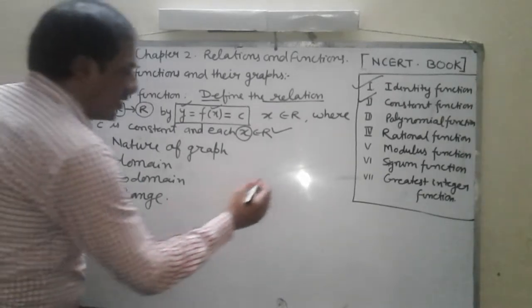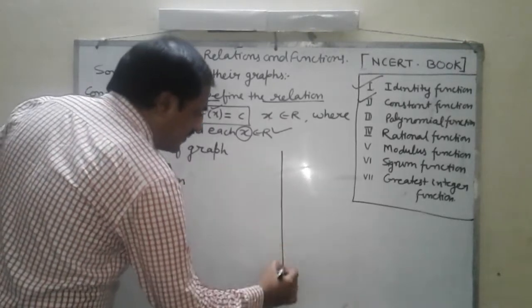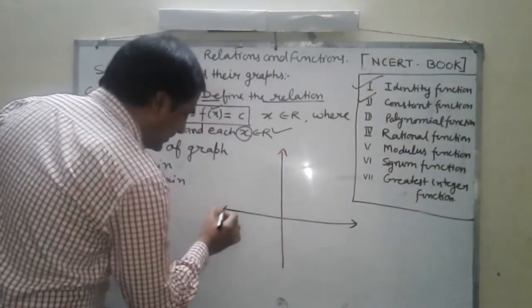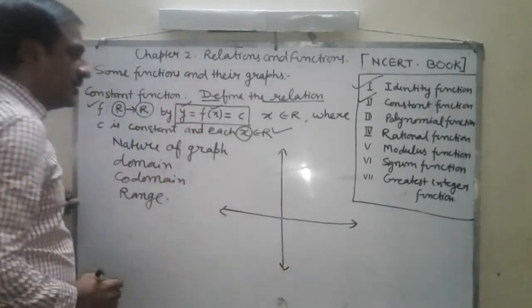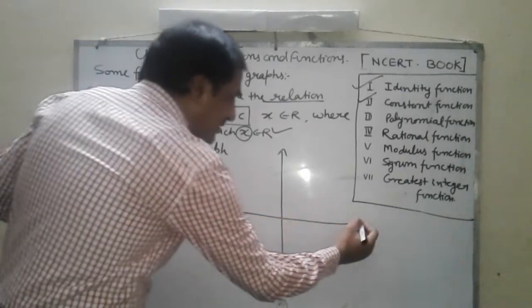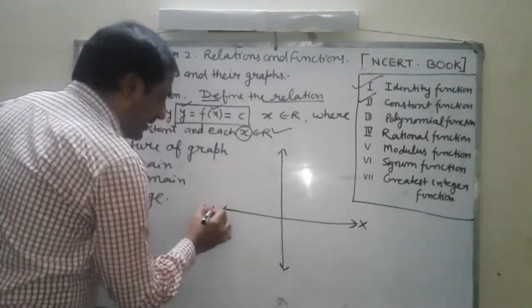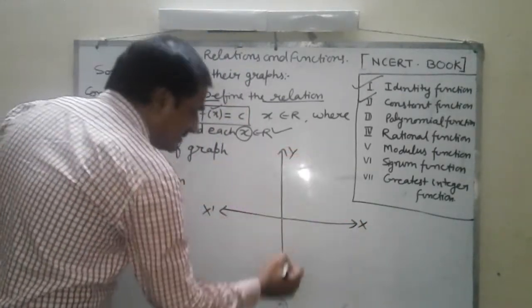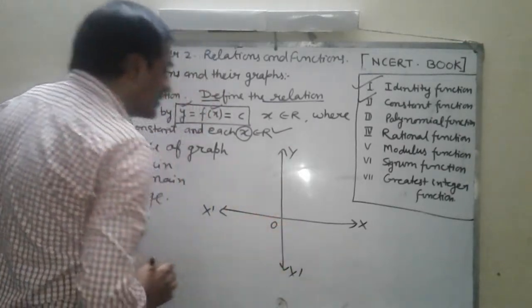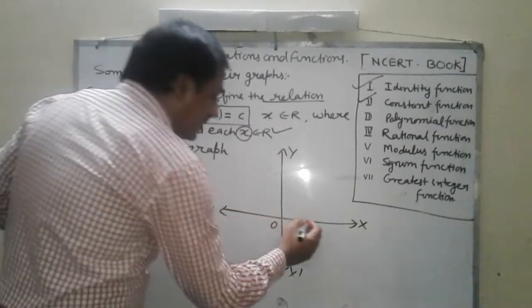Now I am going to draw the graph of the constant function. Here y is equal to c or f of x equal to c. This is the x axis. This is the y axis. This is the origin. Here y is equal to c.